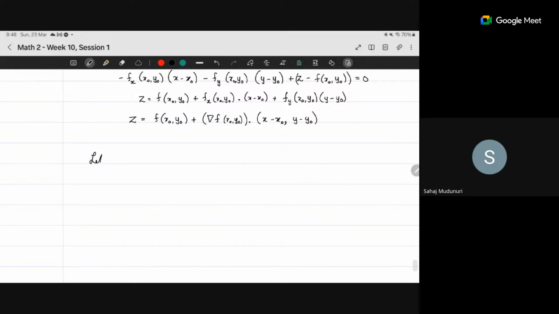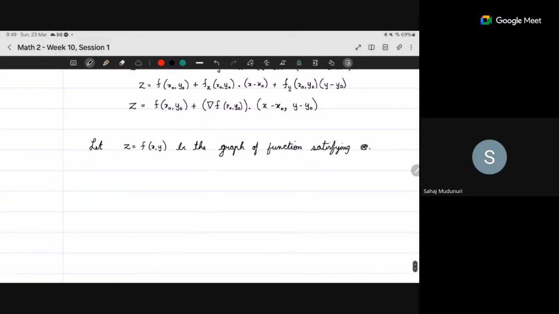So let's write that down. Let z is equal to f of x, y be the graph of a function satisfying star. The star is way back, where it was said what star was.